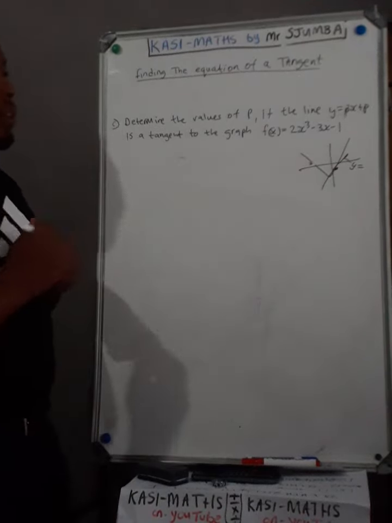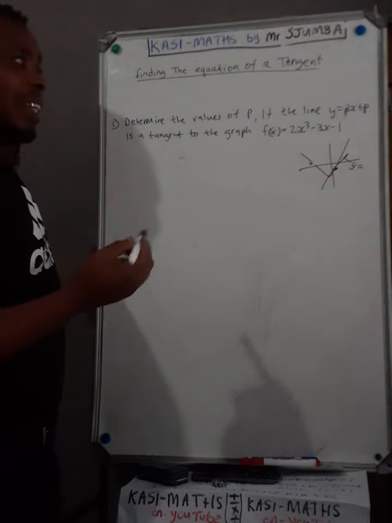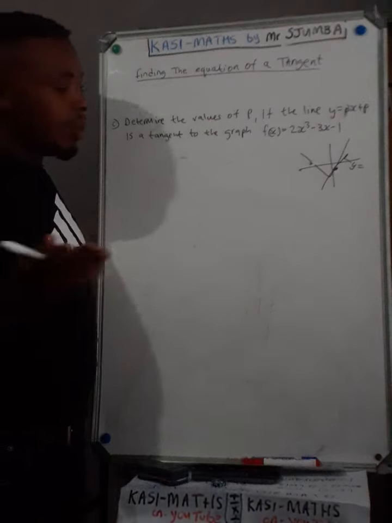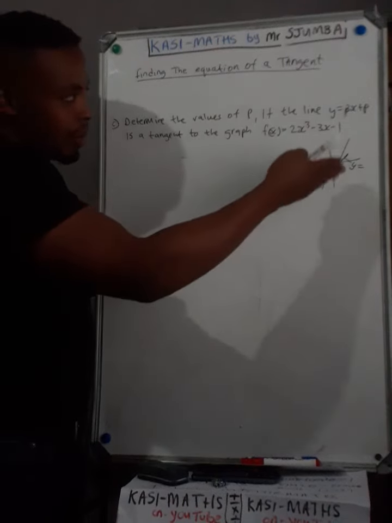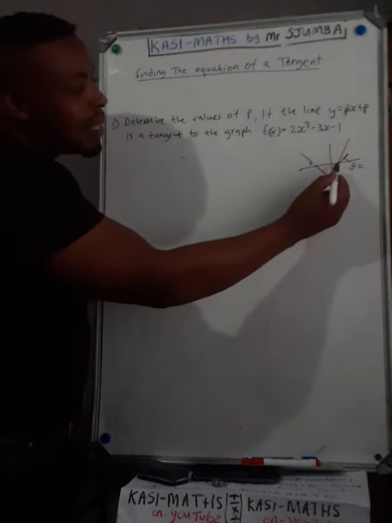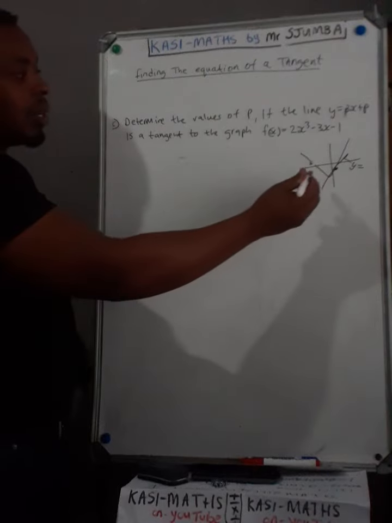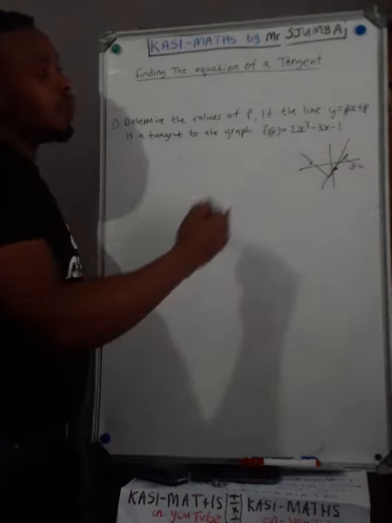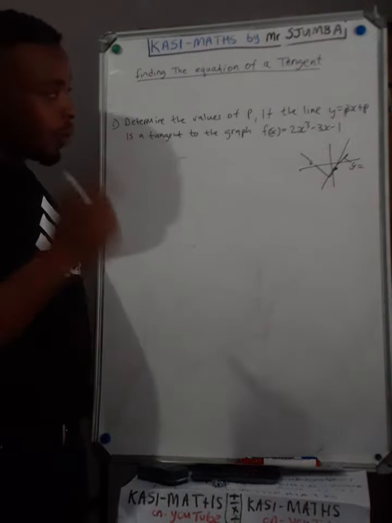So we have to find the value of P, right? So to find the value of P, we just need a coordinate, ne? Any coordinate ku graph, any coordinate, maybe the point of intersection or the point of tangent, sorry. If singathola yona substitute lapha samthola P, we need a coordinate.